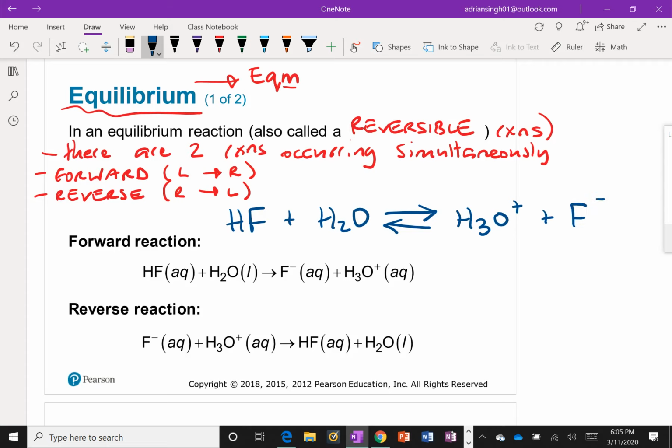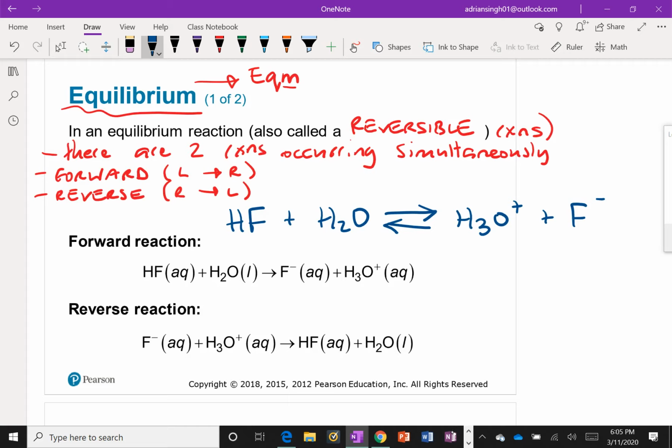What this is telling you are actually a couple things. The first, which we just talked about, is that this suggests our acid is going to be weak. The second thing is that this reaction occurs in both directions. So we have the forward reaction happening, where the HF and the H2O combine to produce H3O plus and F minus. That's by default how we think about reactions from left to right. But what is also happening is the reverse.